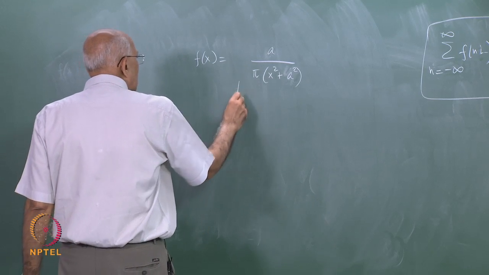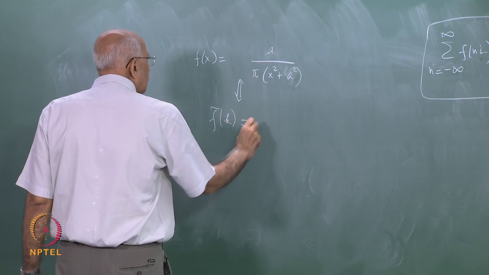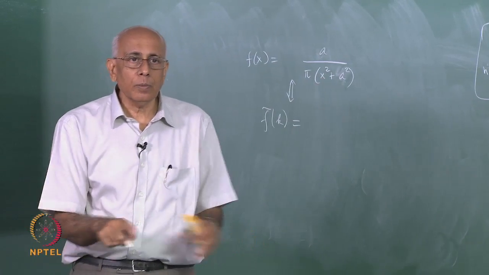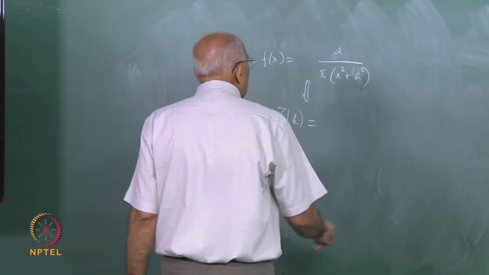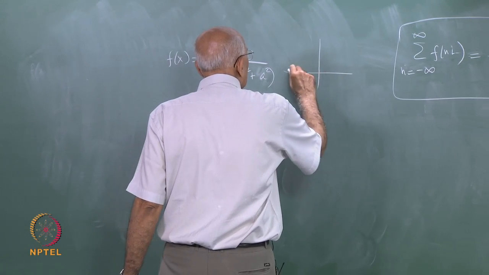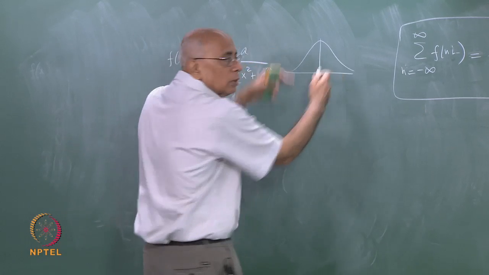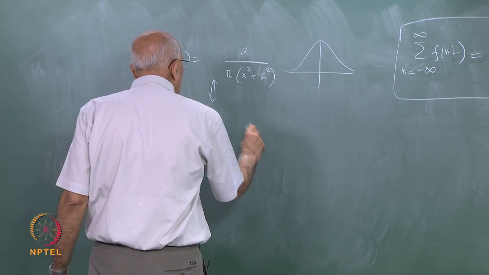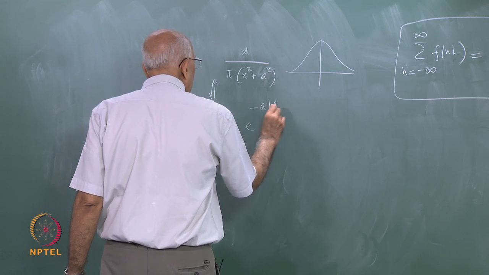And what was the Fourier transform of this function? F tilde of k was equal to, this is a normalized probability density, normalized to unity from minus infinity to infinity, and it behaved like this. This thing was some bell shaped curve of this kind where this width was proportional to a, and f tilde of k in this case was e to the minus a modulus k.